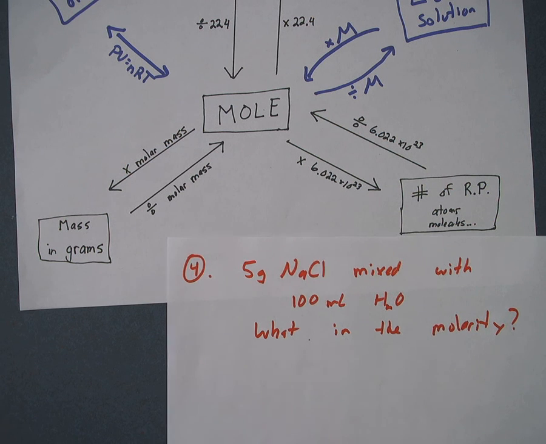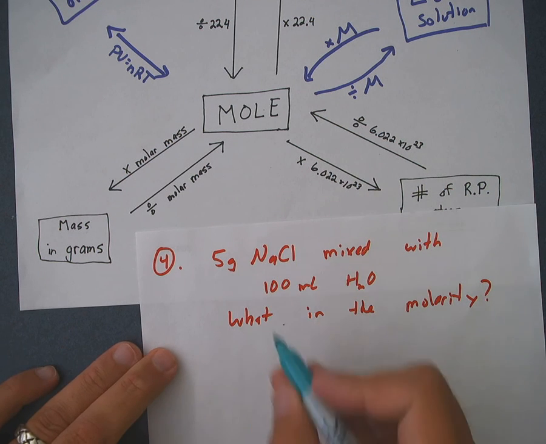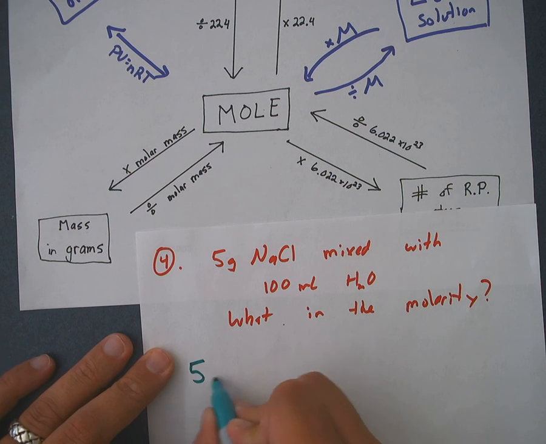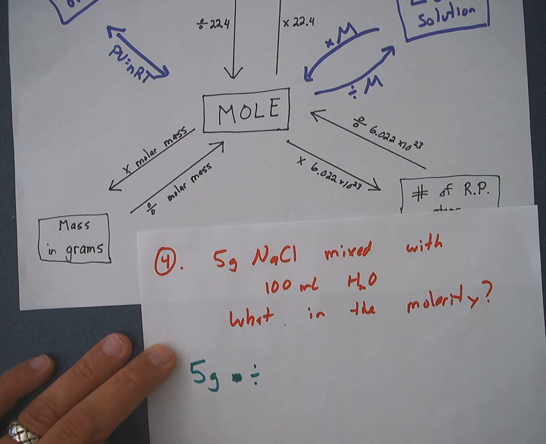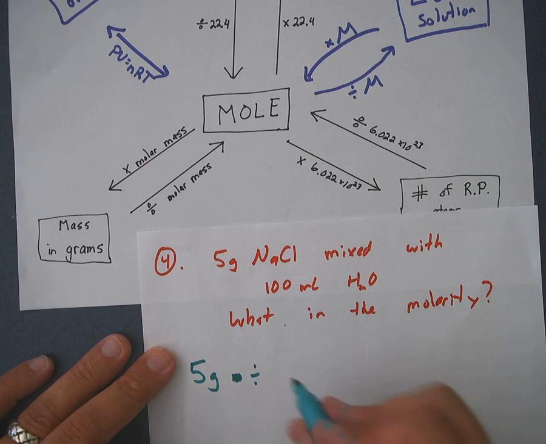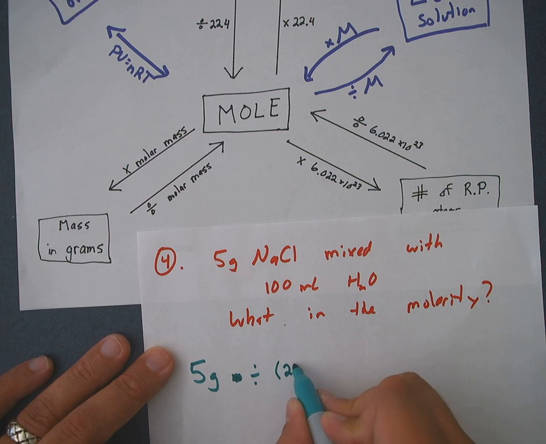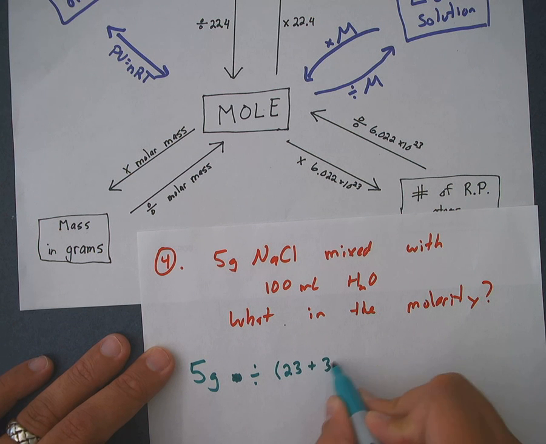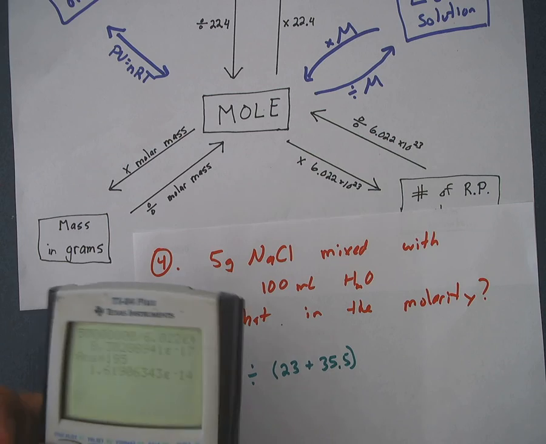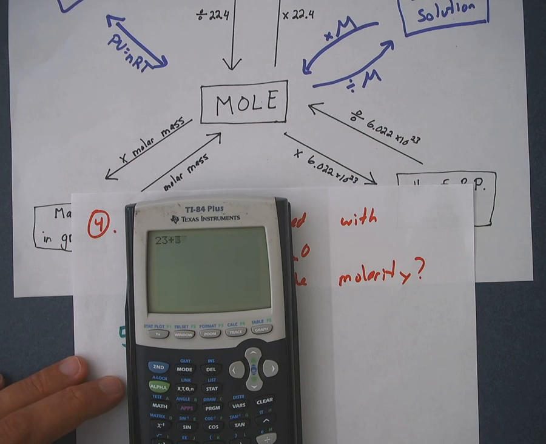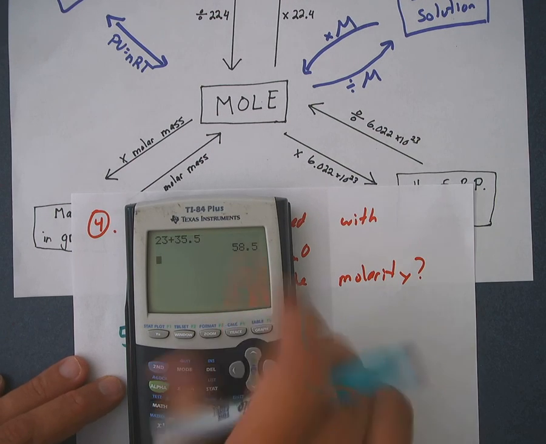So the first thing is to take this 5 grams and change it to moles. If I divide by the molar mass, which sodium weighs 23 and chlorine weighs 35.5, if I add that together, 23 plus 35.5, that's 58.5.